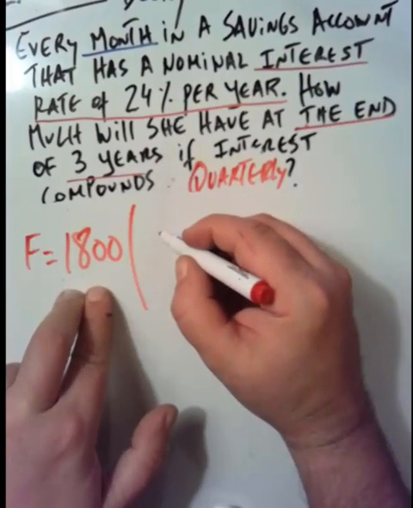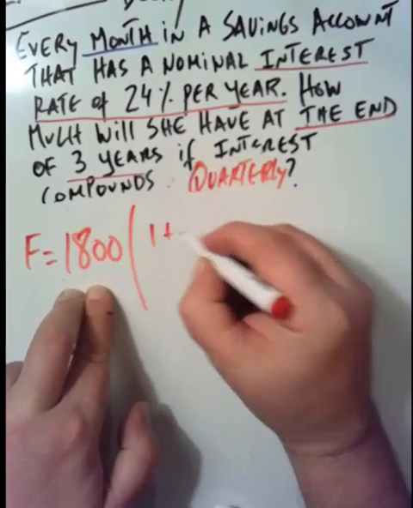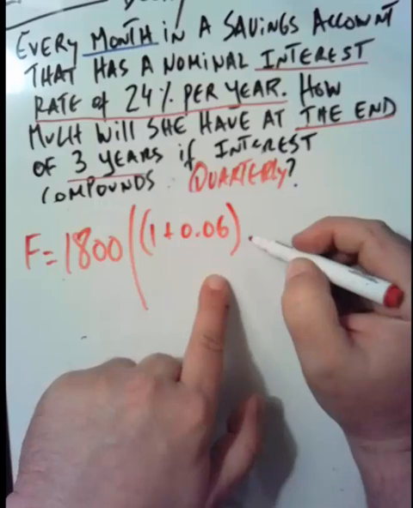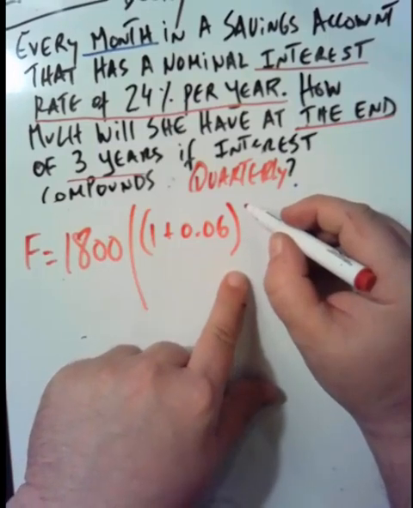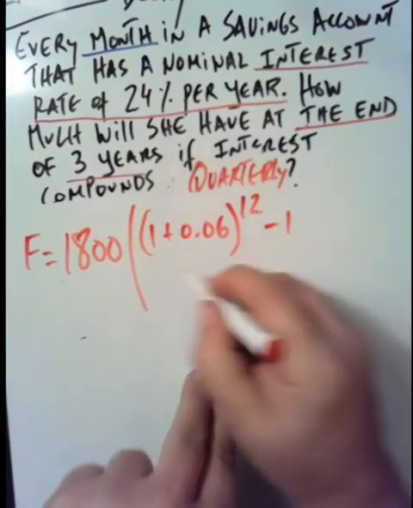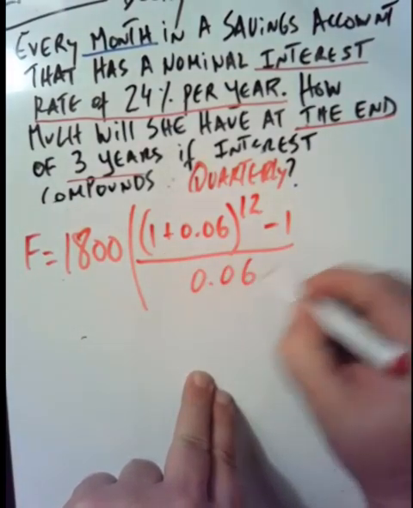So 1800 per quarter, therefore we need an interest rate per quarter. We found it to be 6% per quarter. The N is in quarters, 3 years as 12 quarters, then minus 1 divided by the interest rate per quarter.